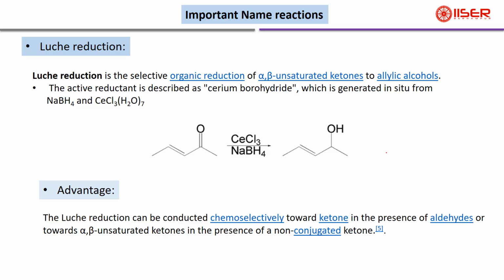Suppose in the same substrate you have a ketone and an aldehyde. You'll understand by this mechanism. Suppose you are performing this Luche reduction. Which will react, aldehyde or ketone? If normally you add NaBH4, aldehyde is more reactive than ketone because of high electrophilicity.